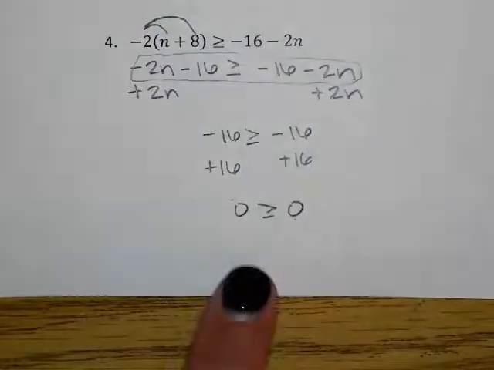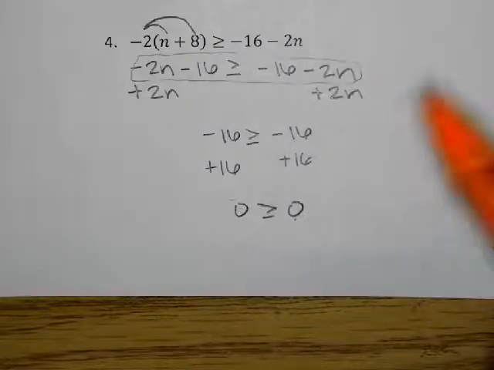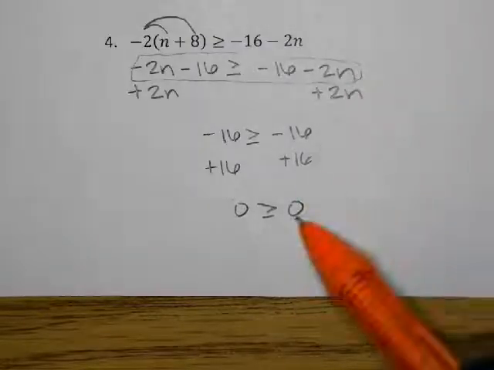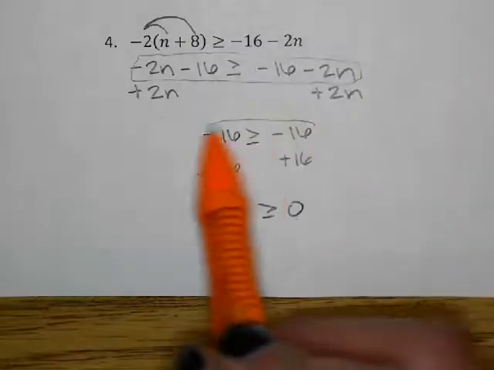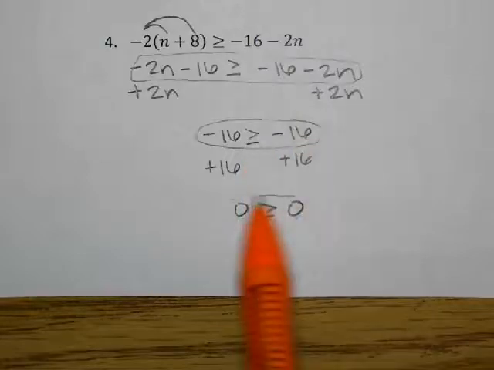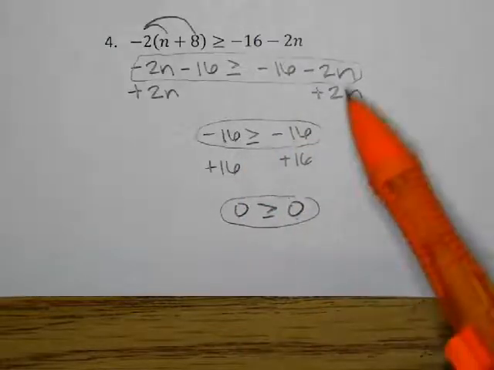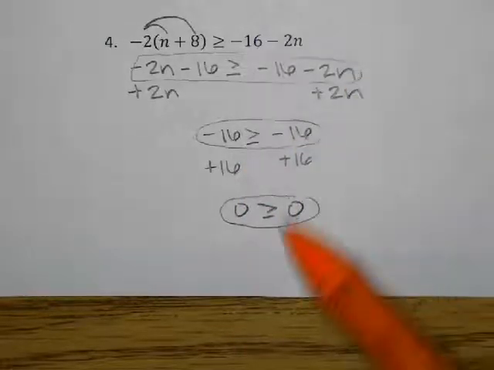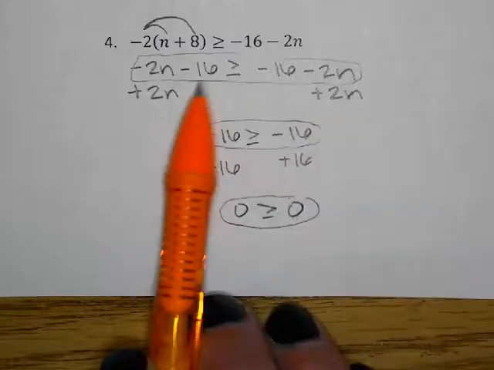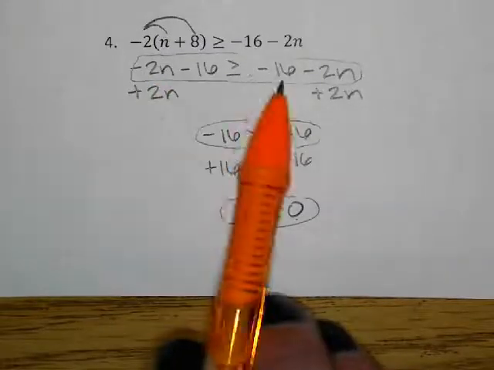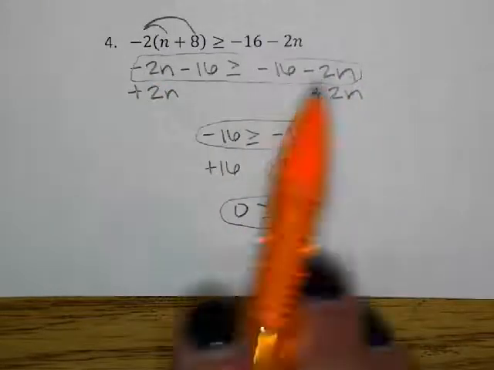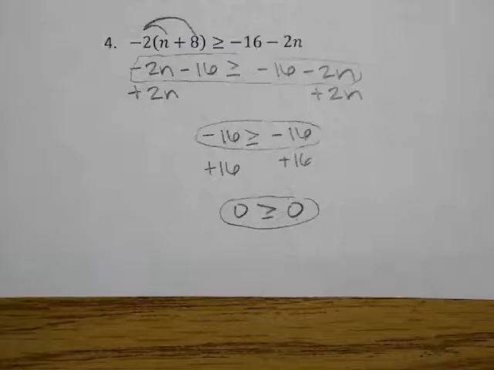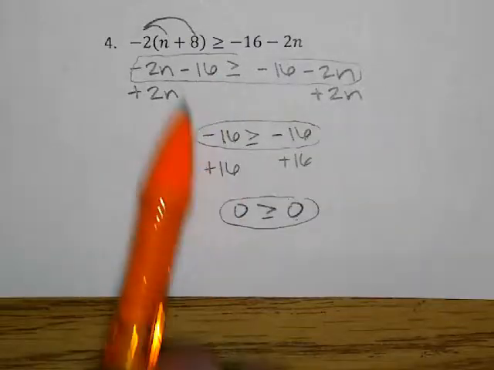Now, what is true about all three of these answers, and all three of these answers are good. We have to interpret these, though. So you could have interpreted the same thing from all three of these, is that you have the same thing on the left side and the same thing on the right side. So on all three of these, the left side and the right side are equal to each other.